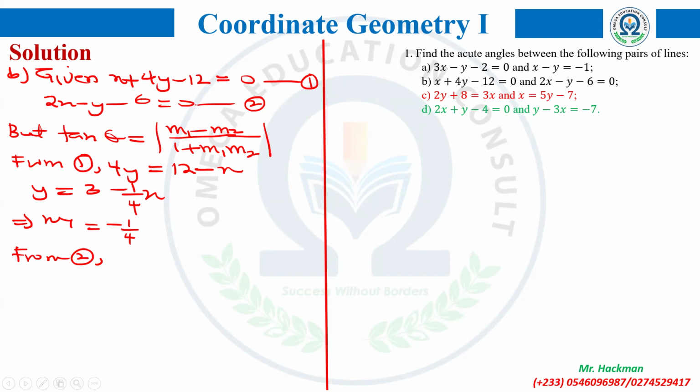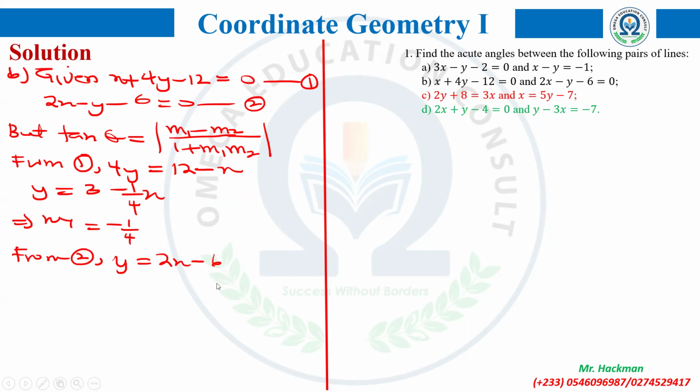So sometimes you have to show, okay, Mr. Hackman, in my presentation. You get 2x minus 6 equal to y. So can't you write that one as y is equal to 2x minus 6? It's the same thing. So though you are moving y to the side, you can still write y first, followed by all the terms here.